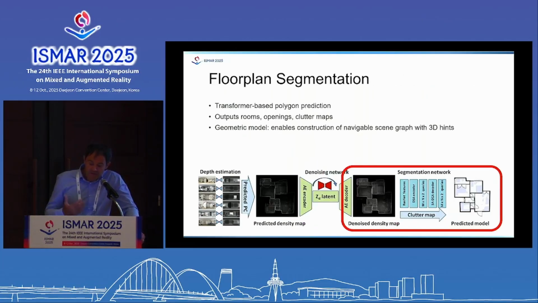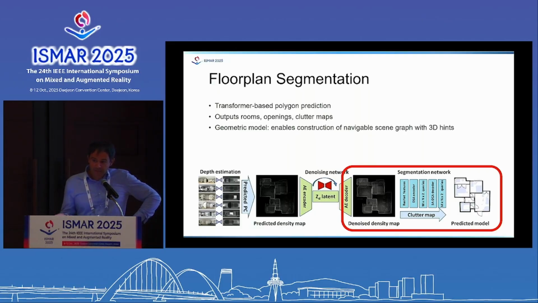Once we have that map, we are ready to segment it. In this case, we introduce a transformer-based segmentation network, based on deformable attention. This step automatically outputs the rooms, I mean the polygons that define each room in each position, then the openings, the doors, and a clutter map.